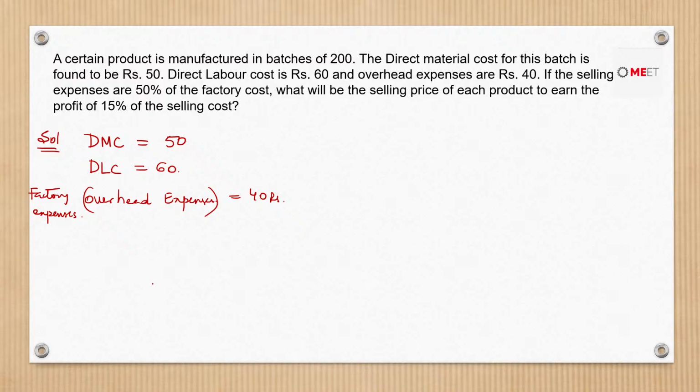First we need to calculate selling expenses. Selling expenses are 50% of the factory cost.